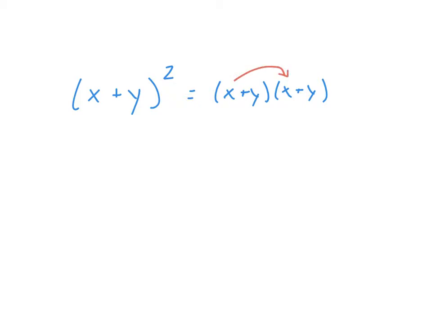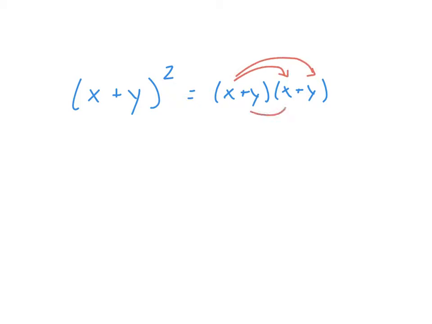Prior to learning about the binomial theorem, when we were multiplying out a binomial raised to a power, like x plus y squared, we had to consider that an x plus y times an x plus y, and then run through the distributive property twice, which we typically call the acronym FOIL for first, outside, inside, last.